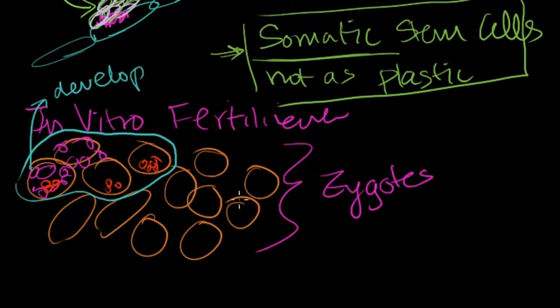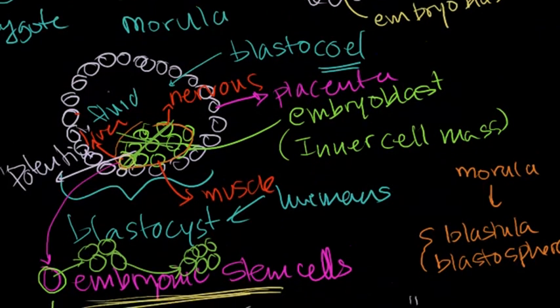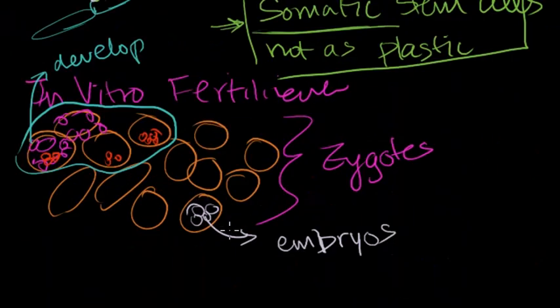But what do they do with all of these other embryos? I won't say they're perfectly viable, but you have these embryos that have the potential, just like this one right here, to turn into a human being. But most fertility clinics, roughly half of them, either throw these away, destroy them, or allow them to die.